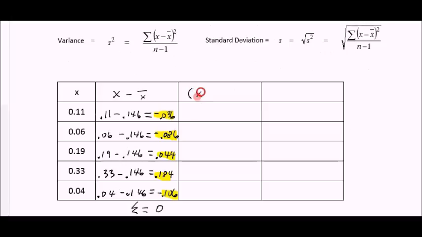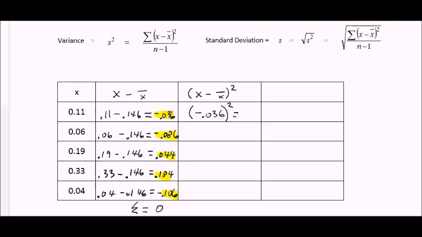So to get around that, that's why we have the x minus x bar squared in the formula. We're going to take each one of these deviations and square it. So we take negative 0.036 and square it. I put it in parentheses.